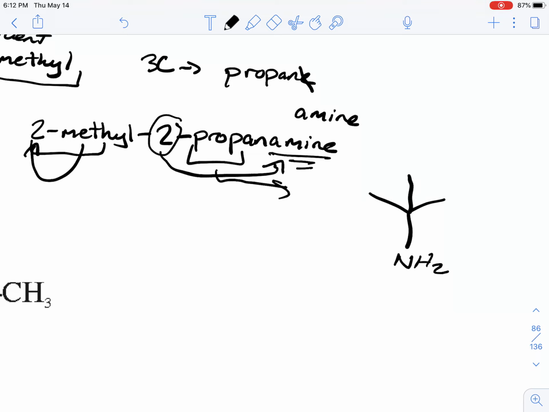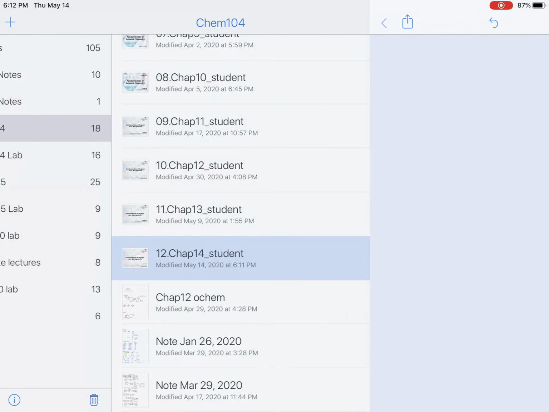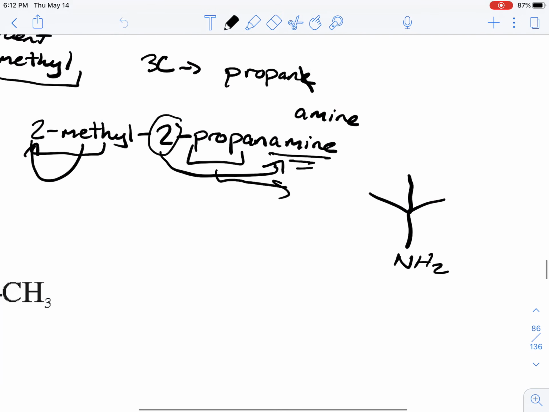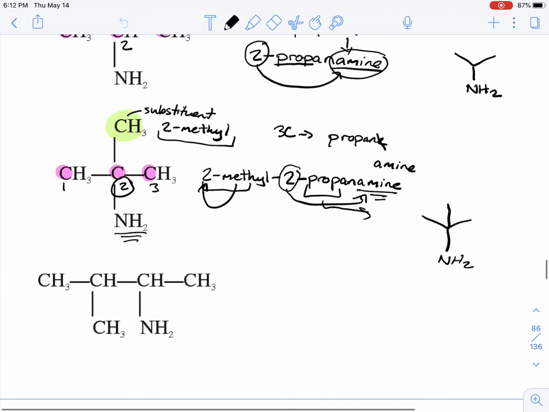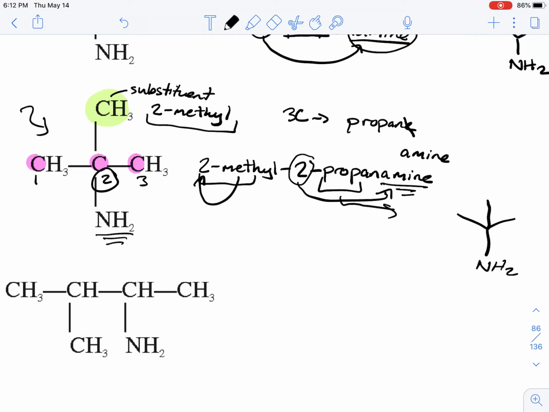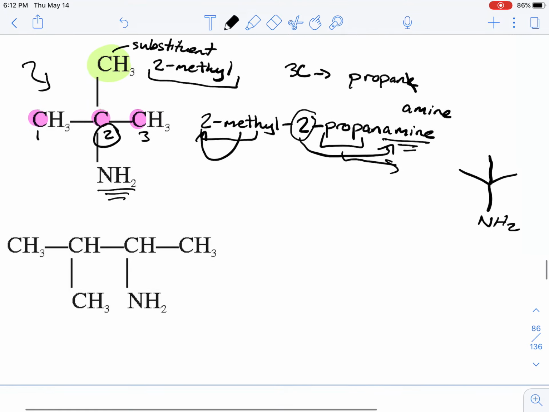Okay. And so the skeletal structure, my screen is frozen again. So my skeletal structure should reflect the structure that I have at the very beginning. And it does. One is just in condensed form, the other is a skeletal form or skeletal structure.